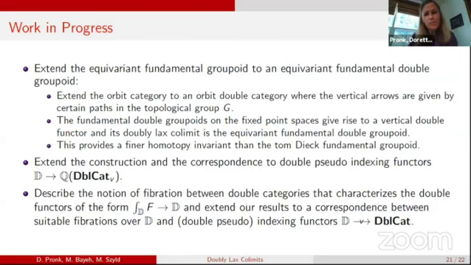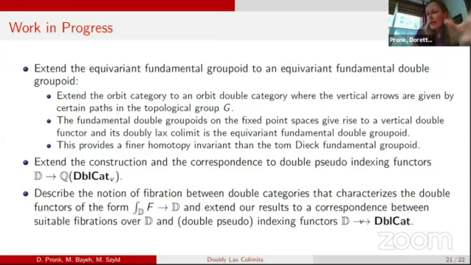The tom Dieck fundamental groupoid is really a lax colimit of fundamental groupoids over the orbit category of a topological group. And the way it works is that it uses the fundamental groupoids for the different fixed point sets.